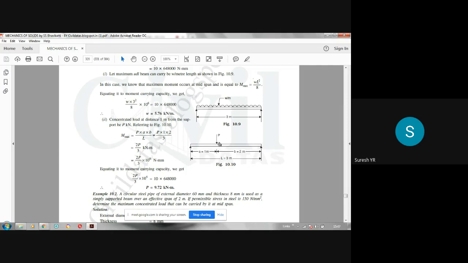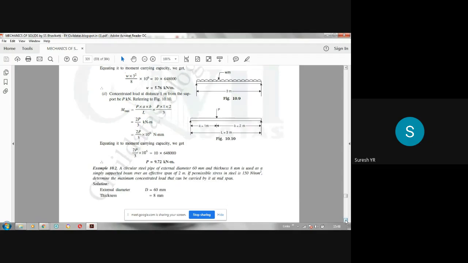If you apply more, for example 10 kilonewton, then the stress and bending moment will be more, the beam cannot take up that load, and it will fail. So this is an important type of problem wherein two types of loads are asked.